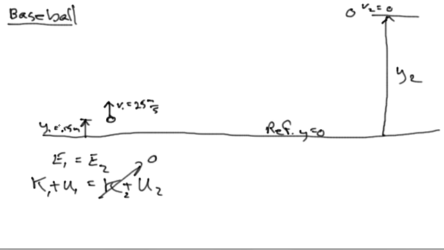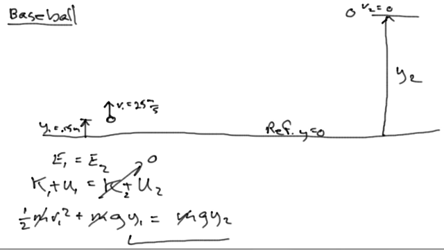Relative to my reference level, it's a little bit up high in the before picture and more so in the after picture, so both U's are there, and it's moving in the before picture, so I got a K. So 1/2 mv1 squared plus mgy1 is equal to mgy2. And the m's cancel.